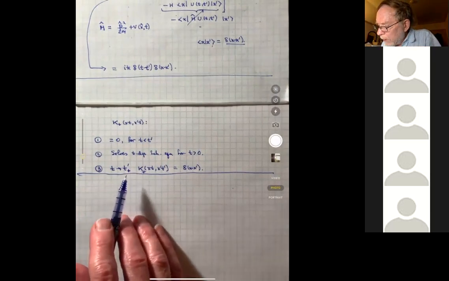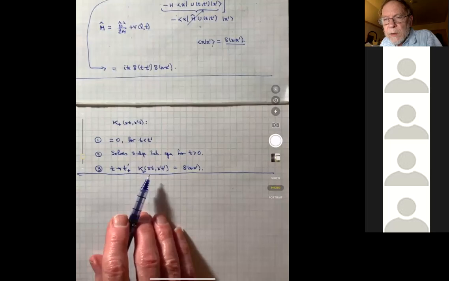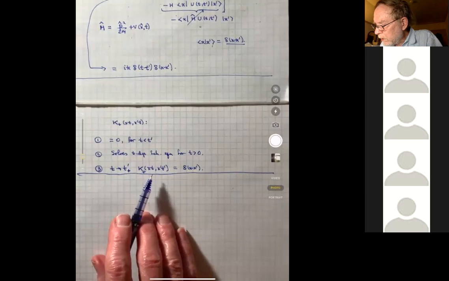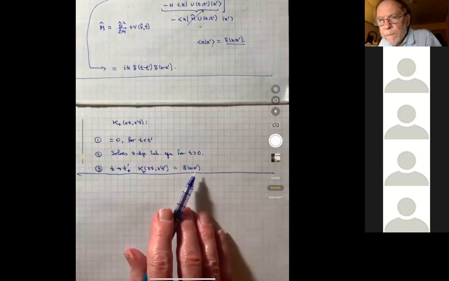We say that the outgoing propagator is 0 for negative times, and for positive times, it's the solution of the time-dependent Schrodinger equation with an initial condition which is a delta function at the location of the source point, delta of x minus x prime.